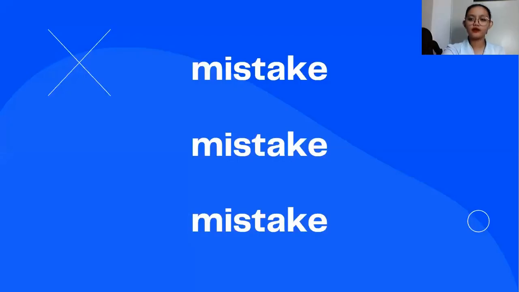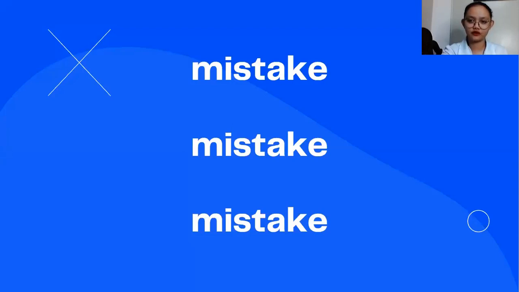Now I'm going to show you a couple of photos that I guess are commonly the responses or reactions of people whenever they make a mistake. This activity will help us understand more deeply the meaning of mistake.